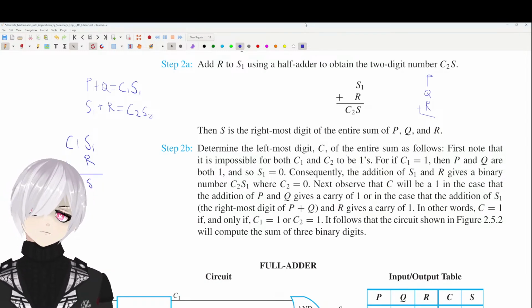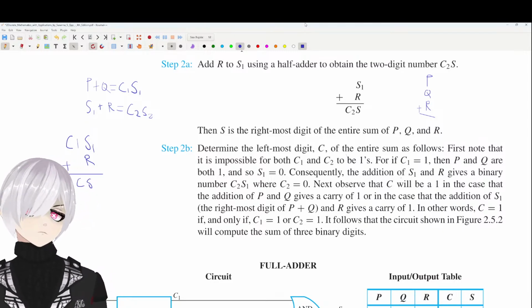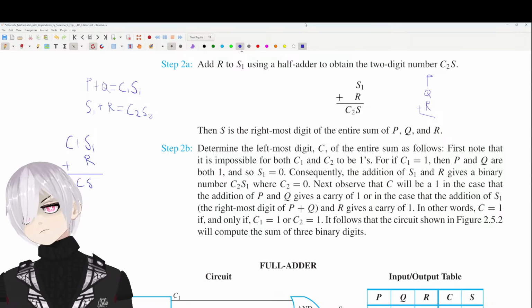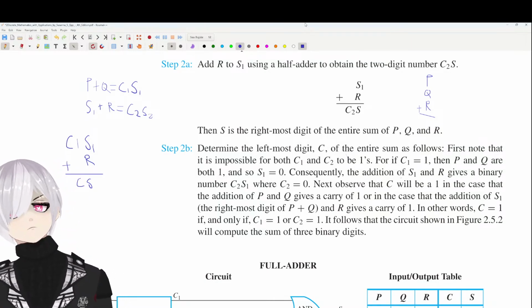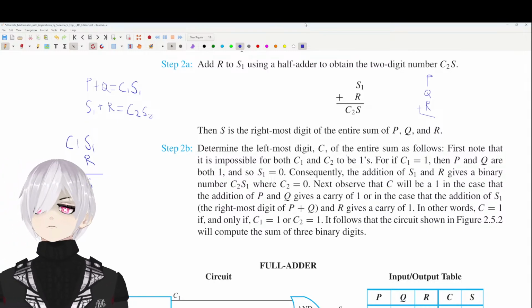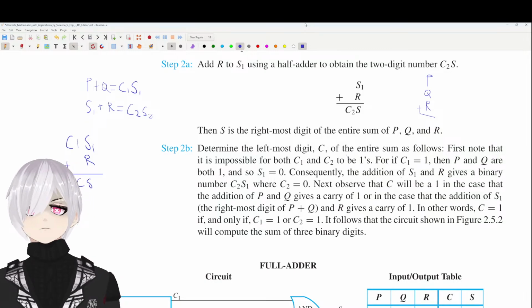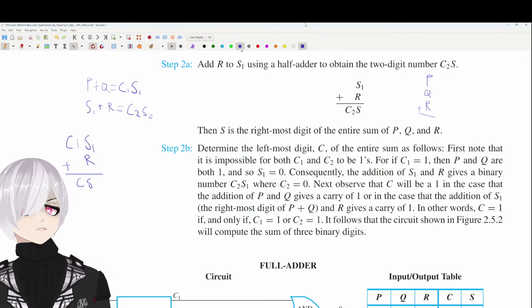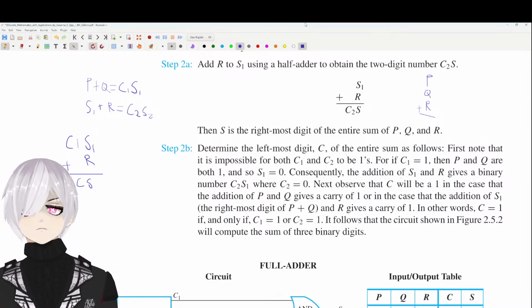And for our leftmost digit, we just have the C1 coming down, and we know that's 1. So 1 0 plus R is going to be 1 R, where R is either 0 or 1. So the leftmost digit C is 1. That's why C is 1 in the case where C1 is 1.